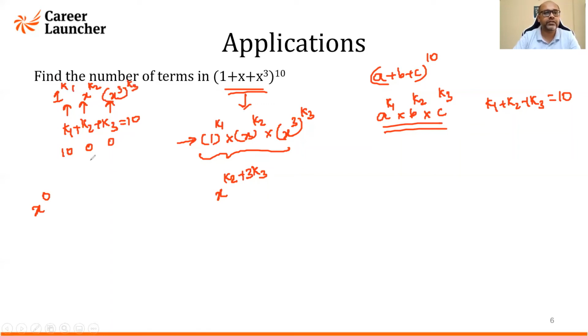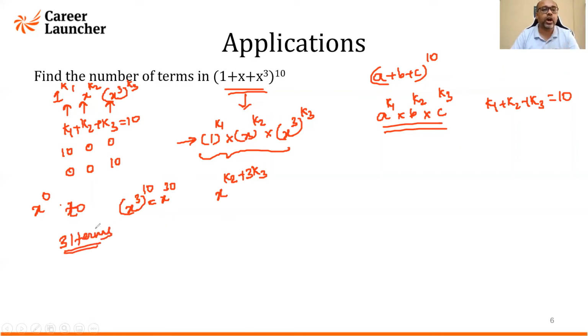So if k1 is 10, k2 is 0, k3 is 0, the resultant is x power 0, which is a constant. What is the highest you can go? The highest is when these two are zeros and this is 10. The highest value becomes x cubed whole to the power of 10, which is x power 30. The number of terms possible, I'm not saying they exist, the maximum possible terms you can have is x power 0 to x power 30, which is 31 terms.